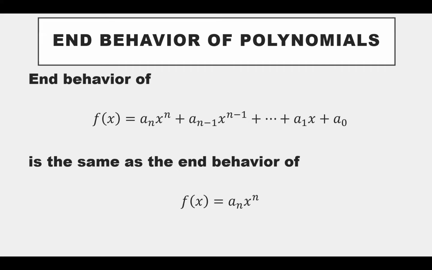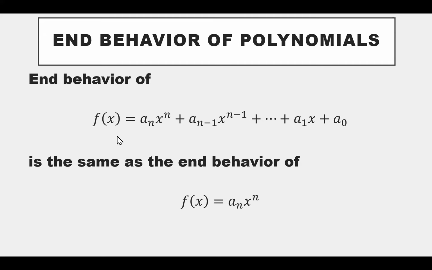And it turns out that the end behavior of a polynomial function is the same as the end behavior of the power function which has a sub n x to the n as the only term.